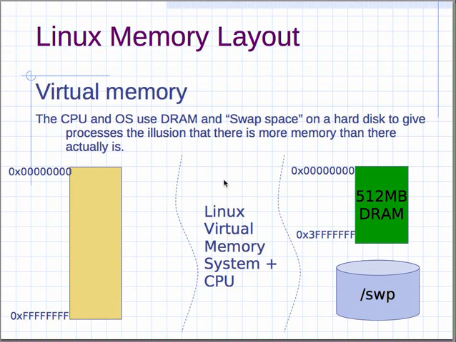Well, the Linux virtual memory system plus the CPU takes care of pretending that each process has a 4 GB chunk of memory. You don't have to think about it. The virtual memory system deals with everything so that it seems like you have this 4 GB chunk. Every program is set up that way.